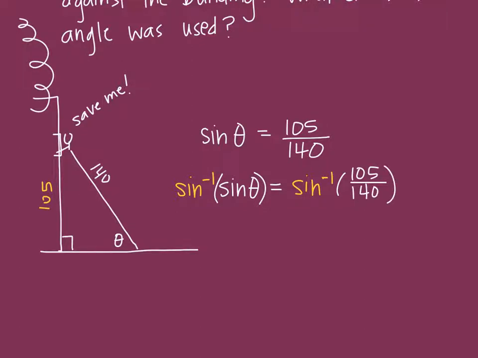So on the theta side, the sine inverse cancels out the sine, leaving us theta by itself, which is what we want. And then on the flip side, make sure we're in degree mode, and go ahead and use your calculators, sine inverse of 105 over 140, and you can tell me what that angle should be.